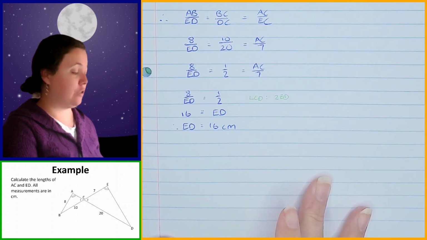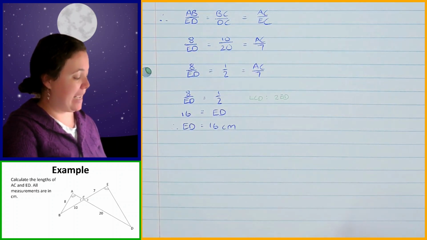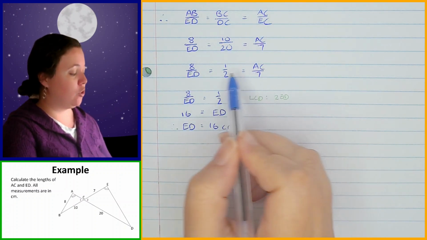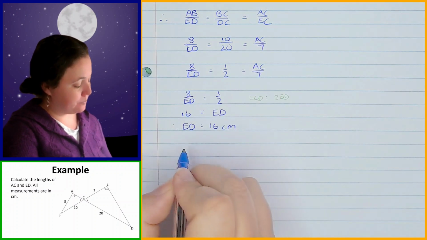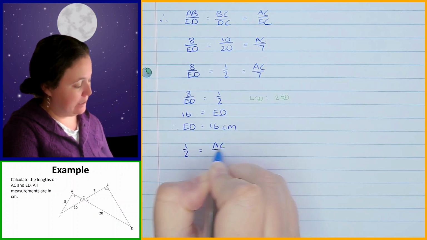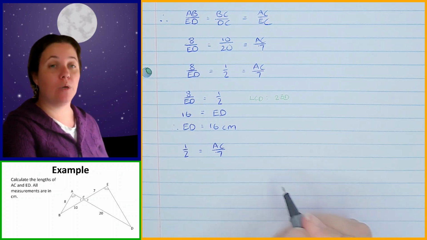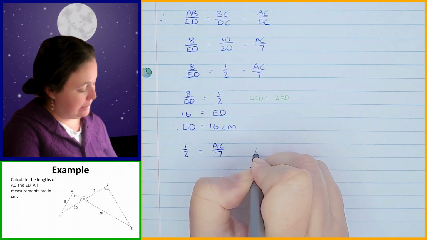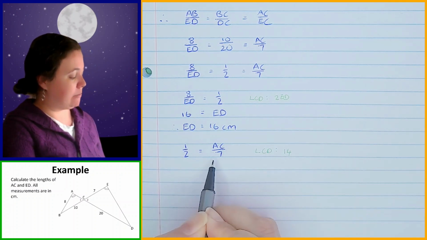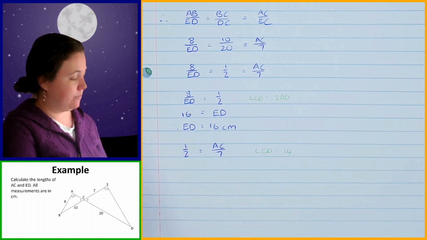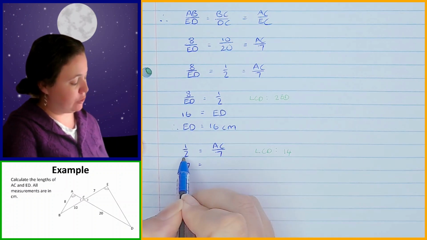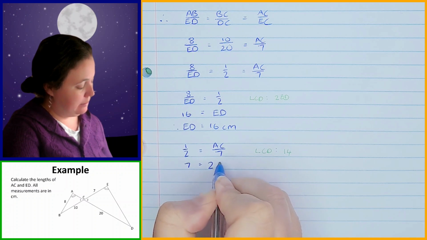Now I'm going to go and do the same thing to work out AC. So I'm going to take the fraction that has AC equal to the fraction where I know everything. So I can say a half equals AC over 7. So once again, I need to find my LCD. So my LCD for 2 and 7 is going to be 14. So I'm going to multiply here by 7. And that gives me 7 equals, here I multiply by 2, so that's 2AC.